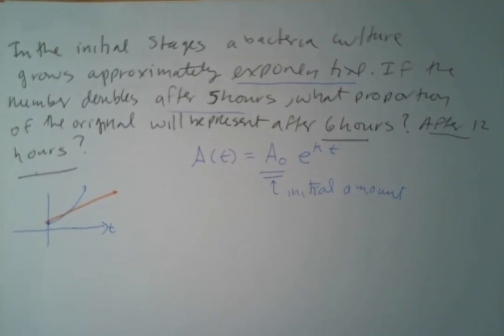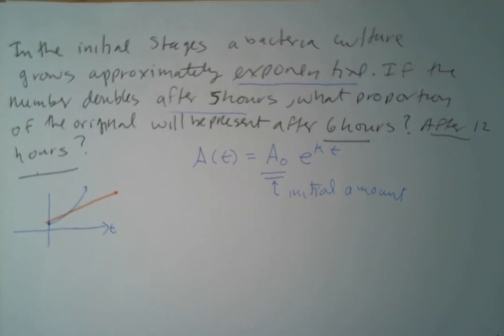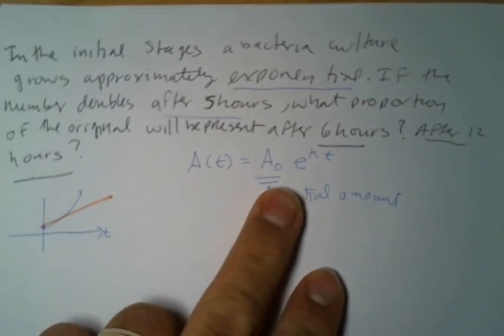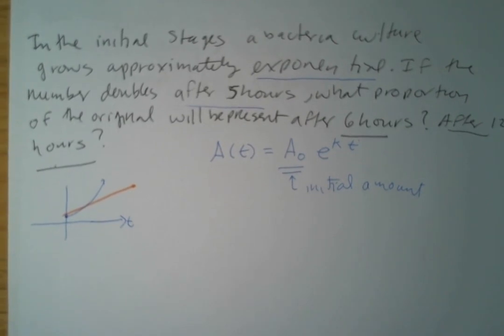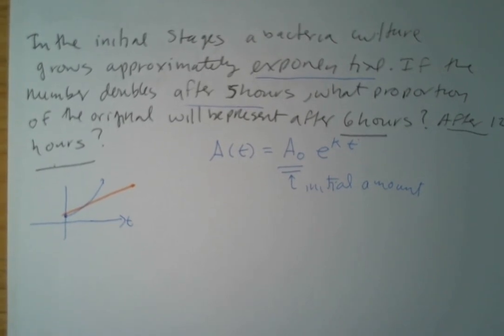Here it just says that in the initial stages a bacteria culture grows approximately exponentially. I have no idea how much I started with, and it is not really necessary. Here we're going with percentages based on some original number. Doubles, triples, it's all going to be a number compared to some initial amount that we'll leave as A naught, some constant. That won't affect my calculations, since we'll just carry along the A naught.